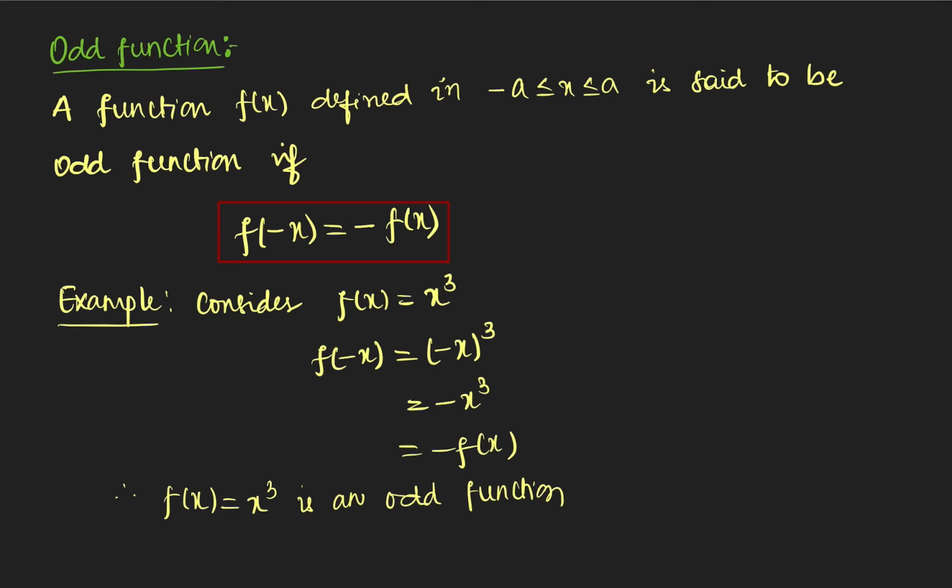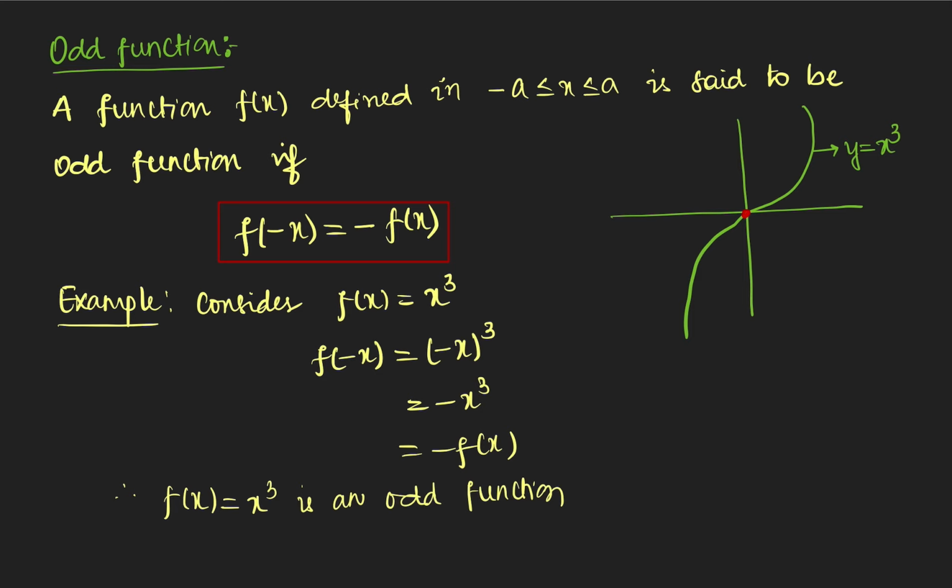So how does the graph of this look? If you plot the graph of y is equal to x cube, it is a non-linear function. This is the graph of y is equal to x cube. It is symmetric about the origin.